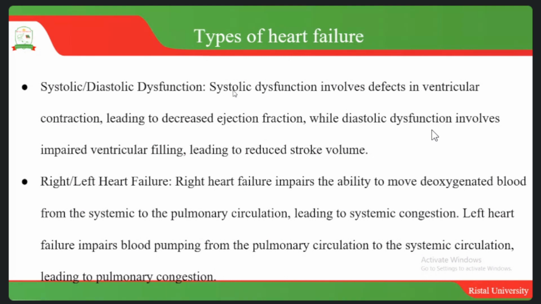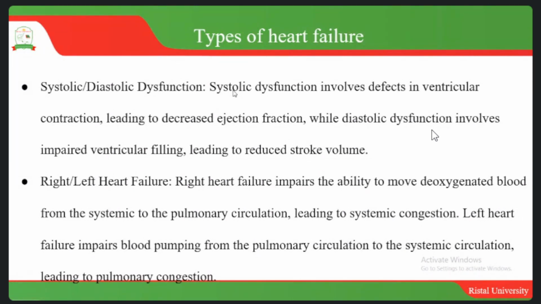Then the left and right heart failure. The right heart failure impairs the ability to move the oxygenated blood. When you look at the heart, I believe we have always seen the anatomy of the heart, and we have gone through it. For you to understand more the functioning of the heart, you should also understand the anatomy of the heart.